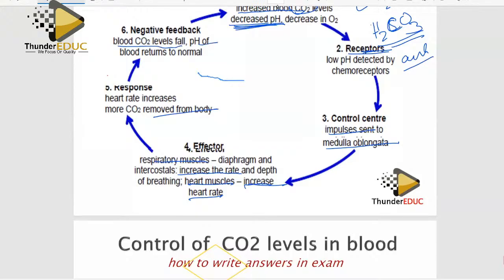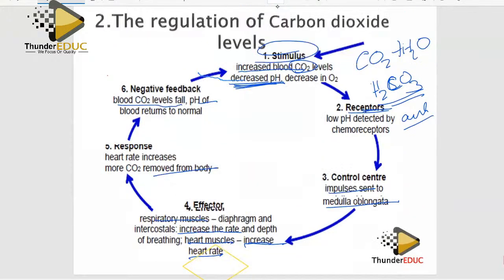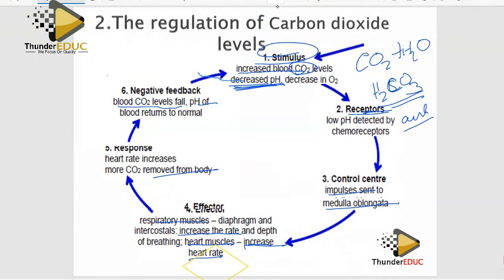Then the pH will return to normal, so the receptor detects that the pH has returned to normal, and then I don't need to send any impulse to the medulla oblongata. And then the cycle continues like that.